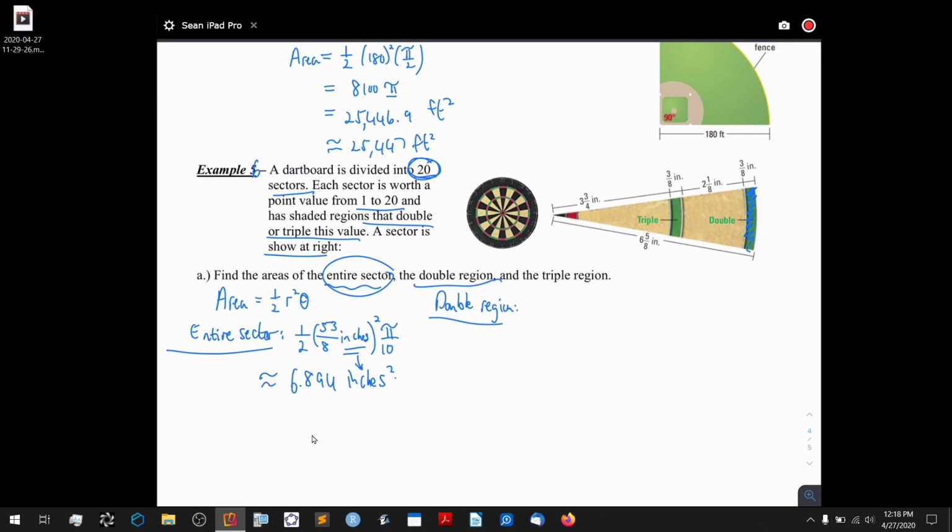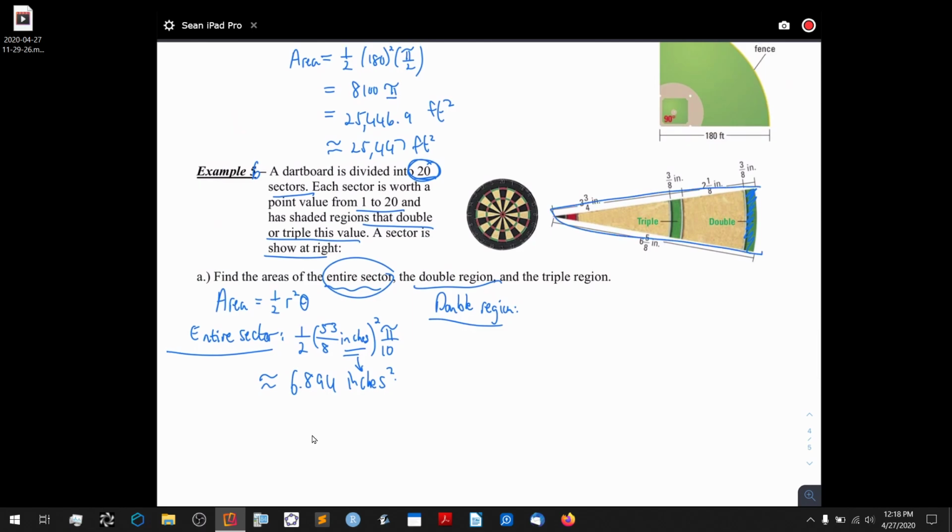There's probably other ways, but one way is to do this. If I take the whole sector and then subtract the piece that excludes the double region, then the whole sector minus the piece excluding the double region would give me the area of the double region.